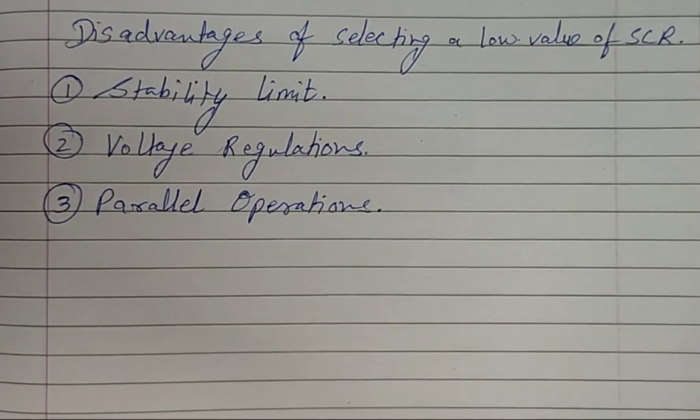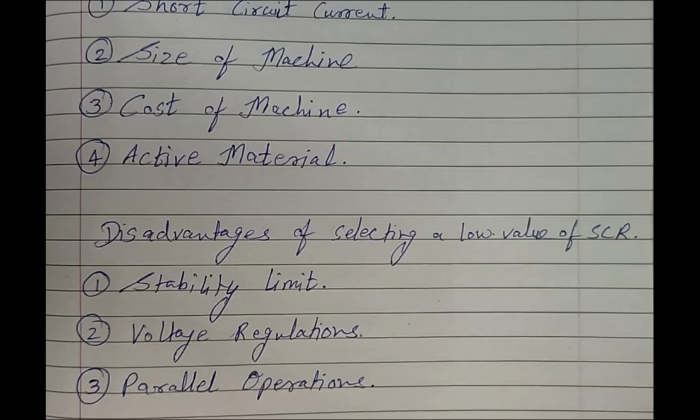Parallel operation of generators with a smaller value of SCR will have smaller synchronizing power, and hence it would have a less satisfactory output in terms of parallel operations. These generators running in parallel are more sensitive to the voltage disturbances.